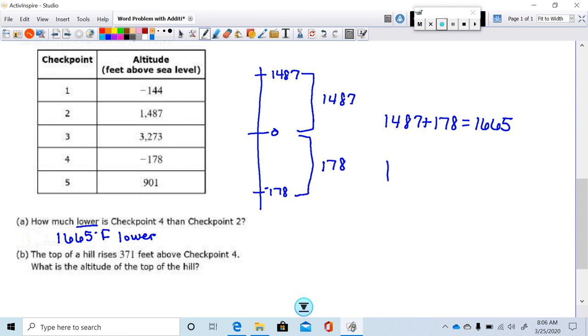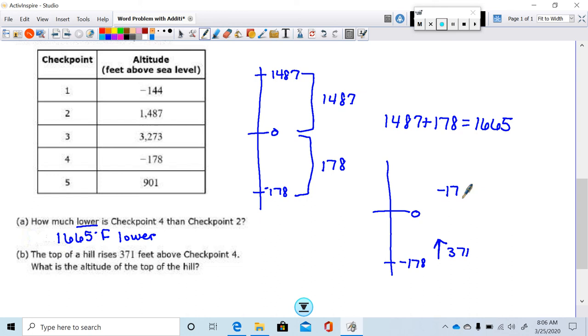Okay, the next one. The top of a hill rises 371 feet above checkpoint 4. Checkpoint 4 is negative 178. It's going up or rising 371 feet. What's the altitude of the top of the hill? Again, if it's rising, you're adding these two numbers.